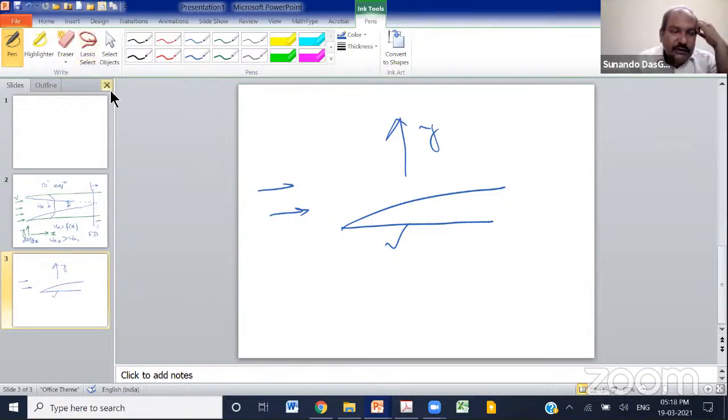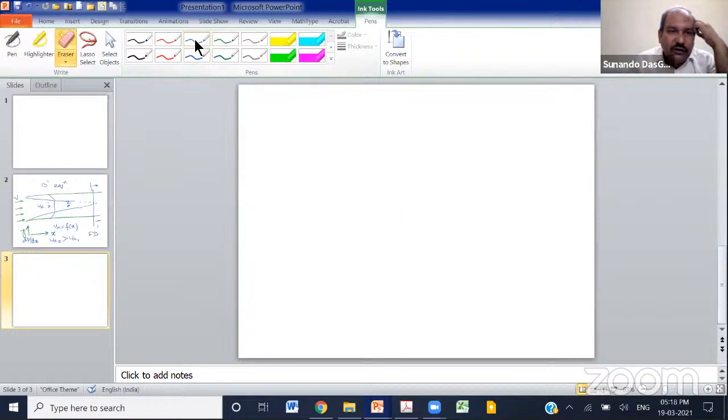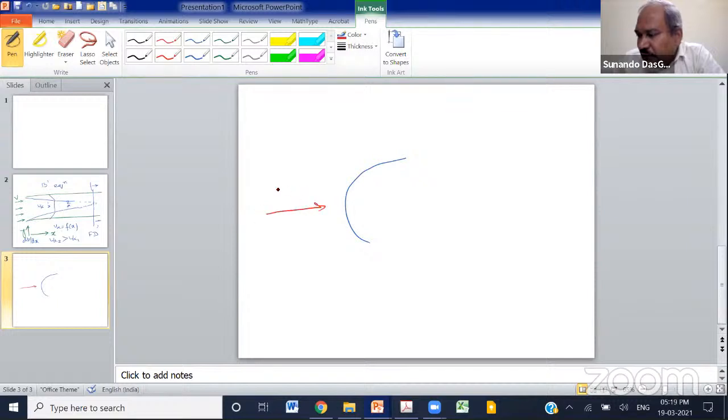Right. The next question was about the separation of boundary layers. I guess your question originates from the book on fluid mechanics by Fox and McDonald, where they have shown that there is a surface and some fluid approaches the surface, and then the boundary layer is going to form from this point.